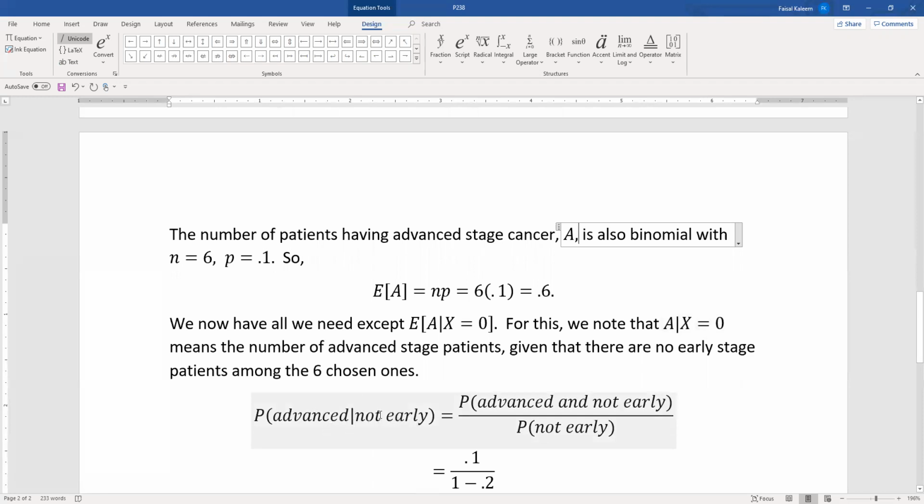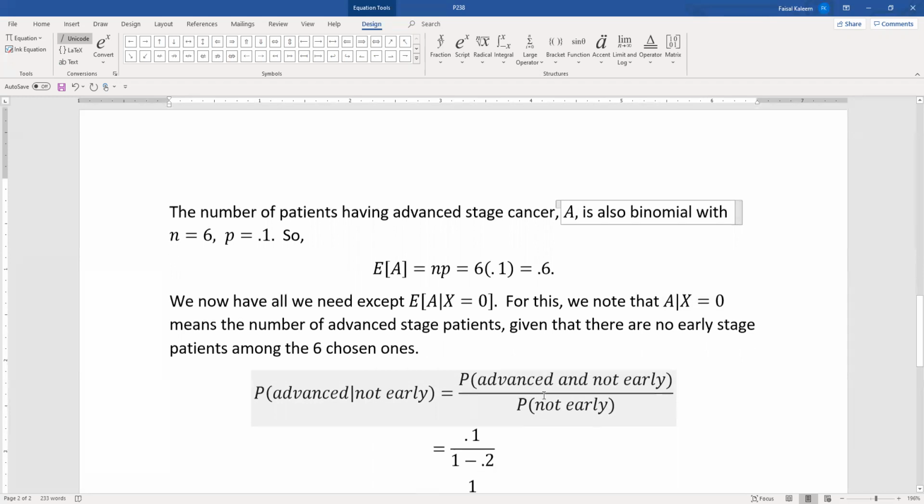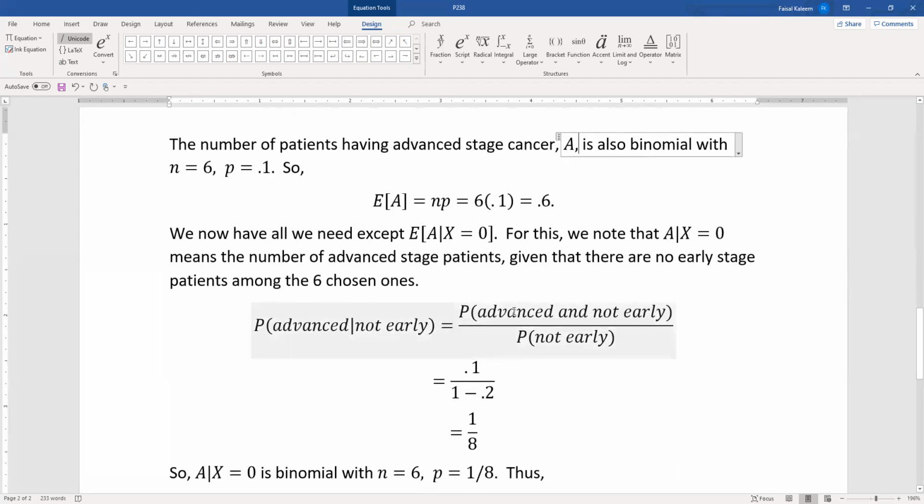So advanced given not early by our basic formula would be advanced and not early divided by not early. Advanced and not early is just advanced, because you don't even have to say not early. If somebody is advanced, then that means not early. So advanced and not early is just the probability of advanced, which is 0.1. And not early will be 1 minus the probability of being early. So that comes out to be 1 over 8.